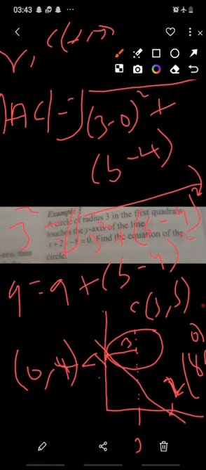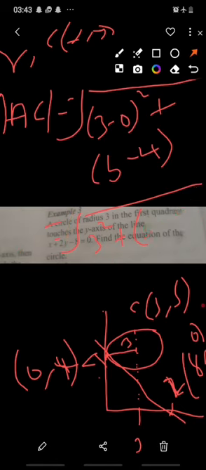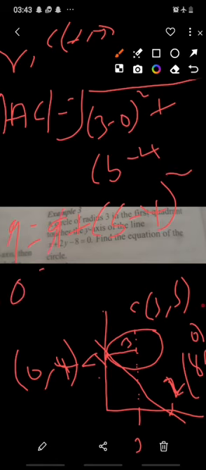So here we have 9 = 9 + (b - 4) squared. This and that cancel, so we have 0 = (b - 4) squared. Therefore b = 4.